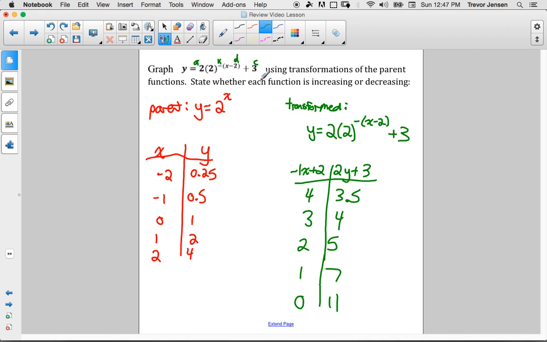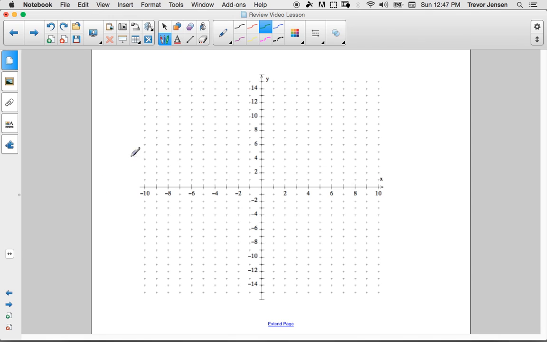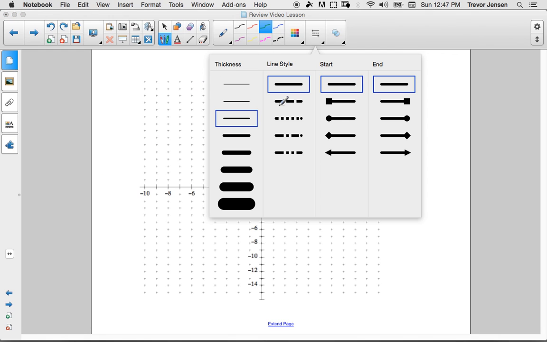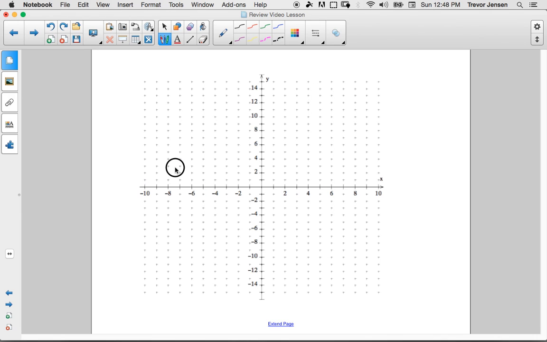One other thing I should remind you of. For exponential functions, there's always a horizontal asymptote at whatever the c value is. Since the c value is 3, I'm going to start by plotting a horizontal asymptote at y equals 3.